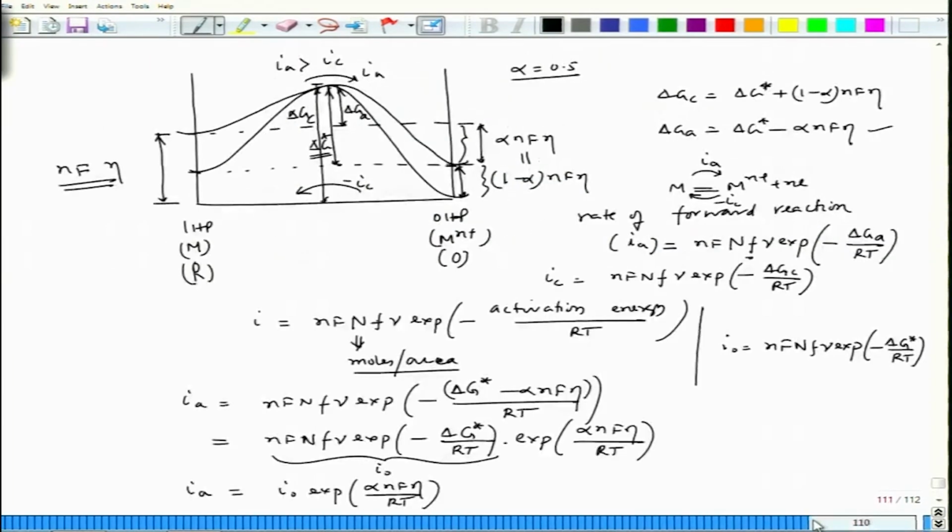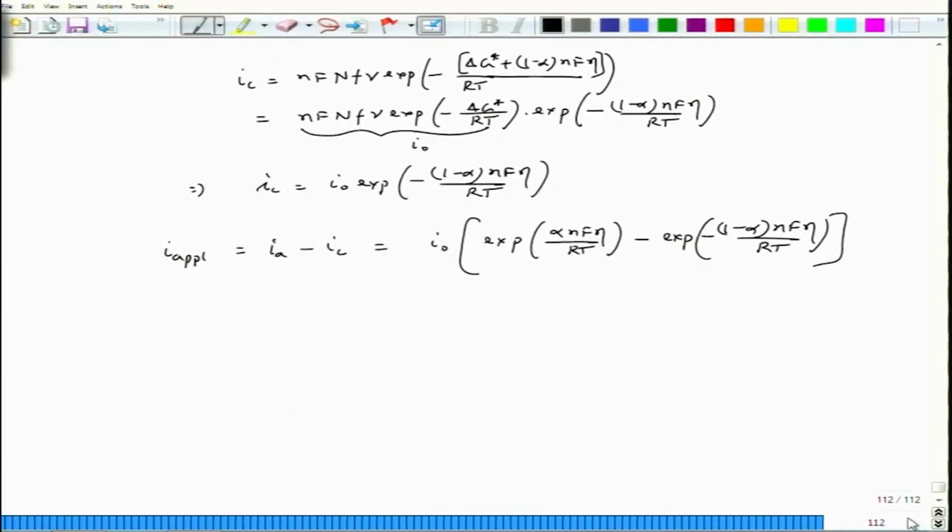Here we are considering this quantity to be this part and the rest part would be 1 minus alpha. You can also reverse: instead of taking alpha, you can take 1 minus alpha, and that time it will be the reductive symmetry factor, and in this case we are considering the oxidative symmetry factor.